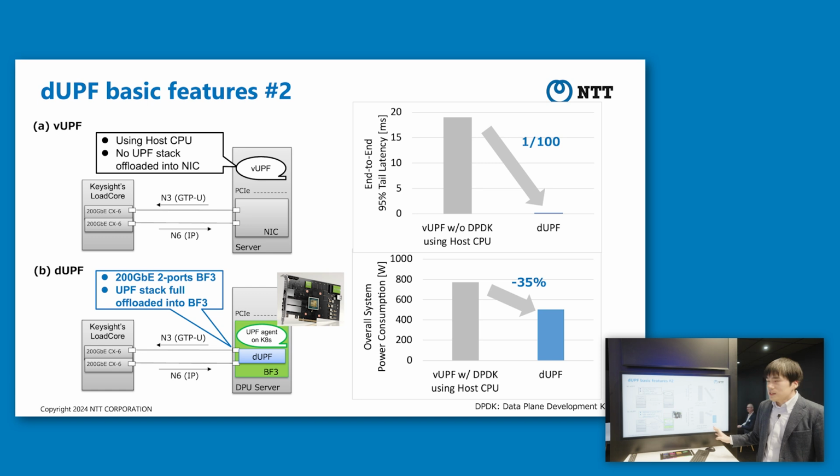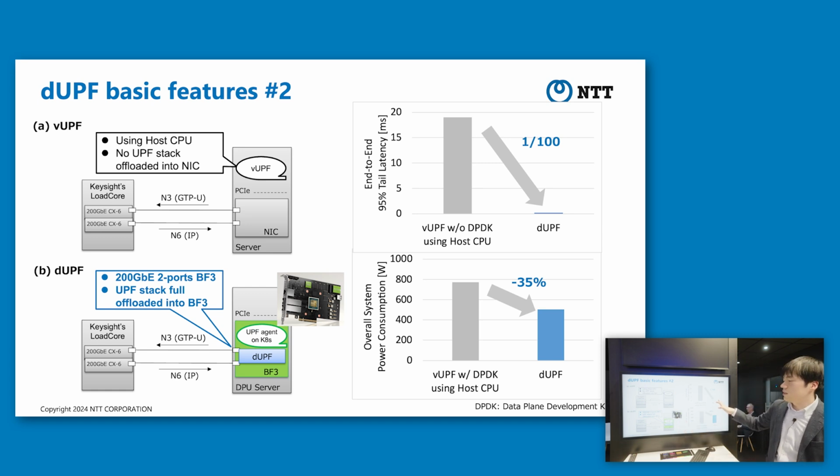Also, the latency and power consumption were tested. This is compared with and without offloading into the BlueField-3 DPU. BUPF has no UPF stack offloaded into the NIC and uses the host CPU cores. On the other hand, our DUPF is fully offloaded into BlueField-3.